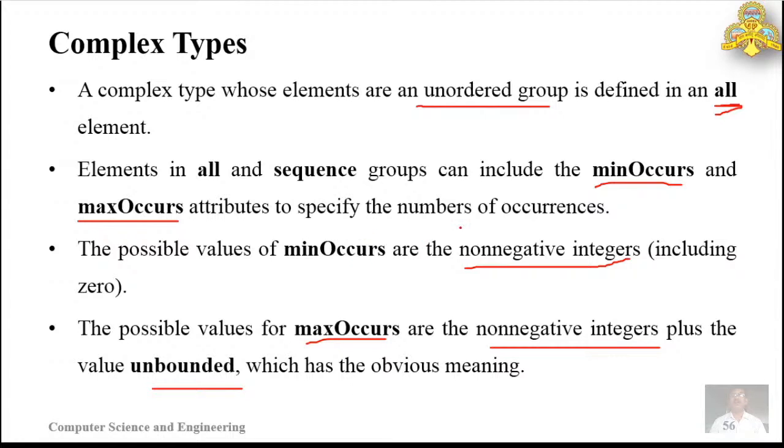If I give minOccurs the value 2, then it must occur minimum twice. If I give maxOccurs 5, then it should not cross 5 occurrences. But if I provide unbounded, there is no limit for the occurrences of the child elements.